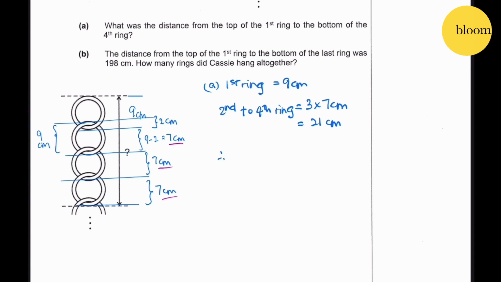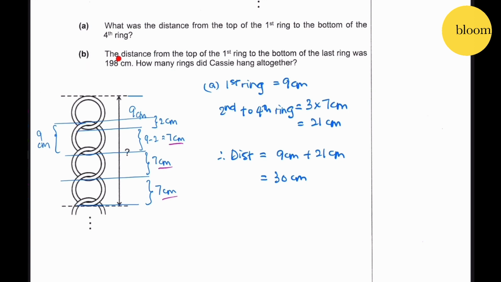Therefore, the distance from the top of the first ring to the bottom of the fourth ring is 9 cm plus 21 cm equals 30 cm.